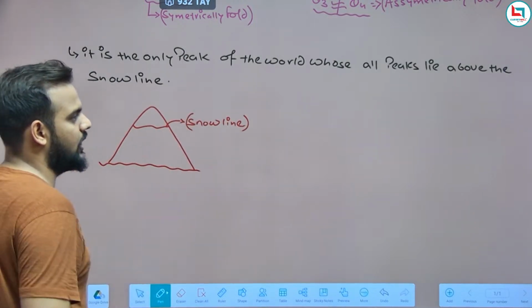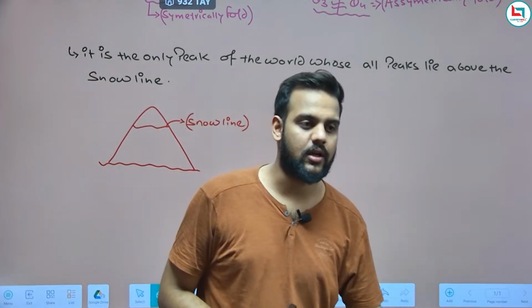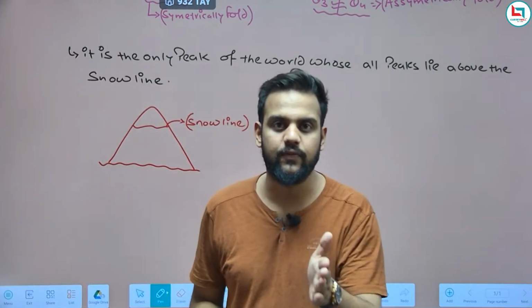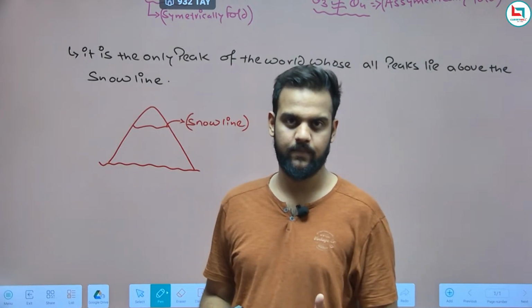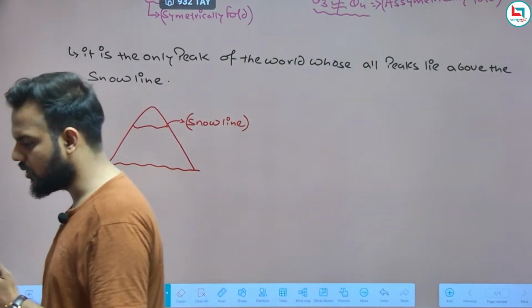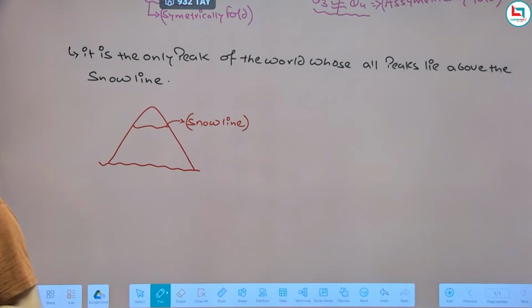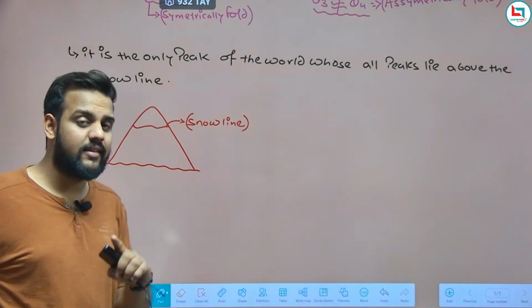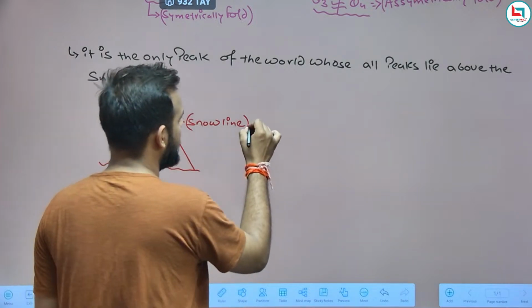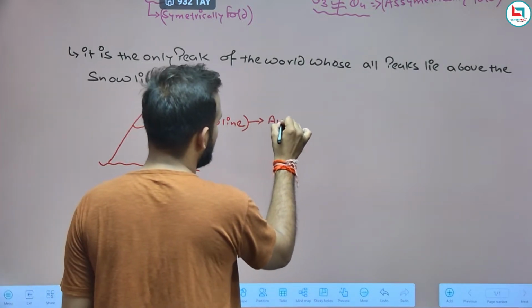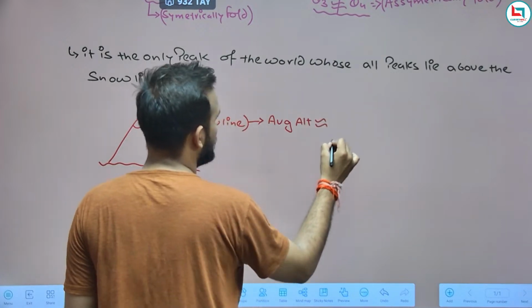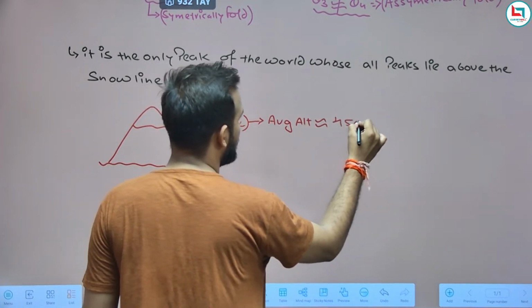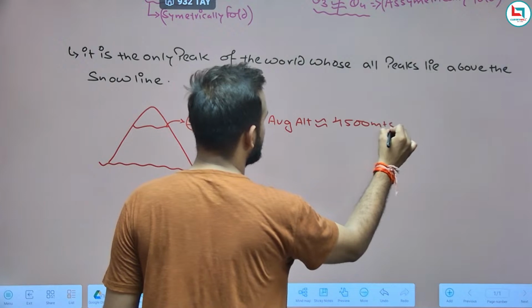Above the snow line, when precipitation occurs, it always occurs in the form of snowfall. And the average altitude of the snow line is 4,500 meters.